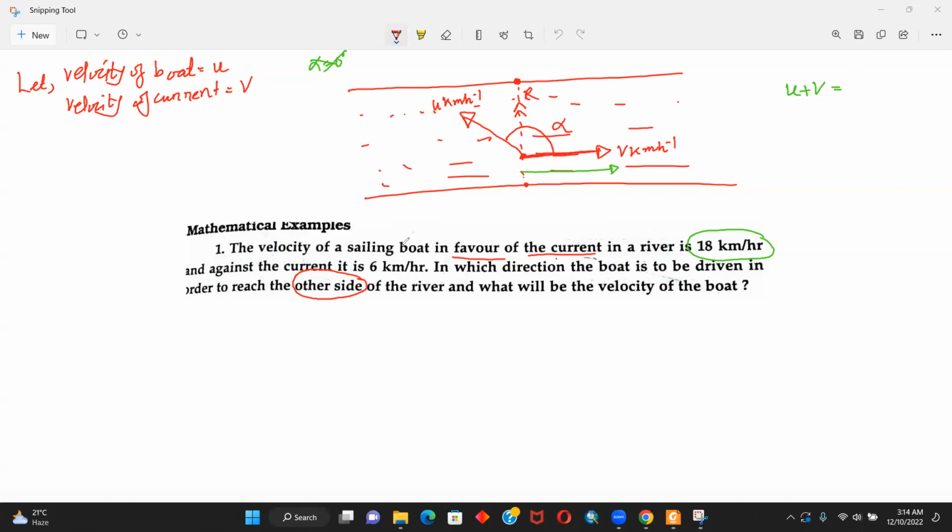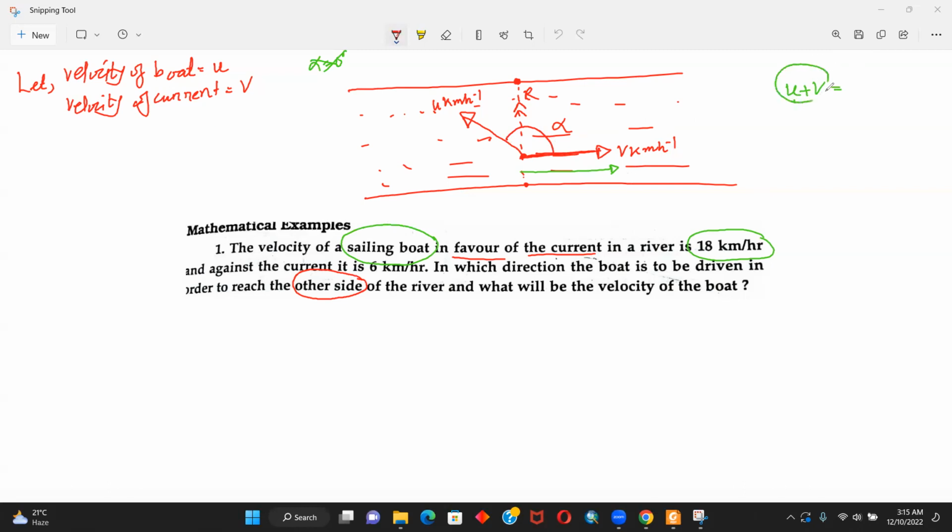Okay, read the question. The velocity of a sailing boat. The boat is sailing, right? Then it has some velocity of its own, which is u, and in favor of it, it also has a velocity of v, which is the velocity of the current in favor of it.